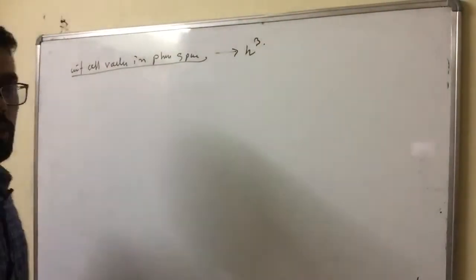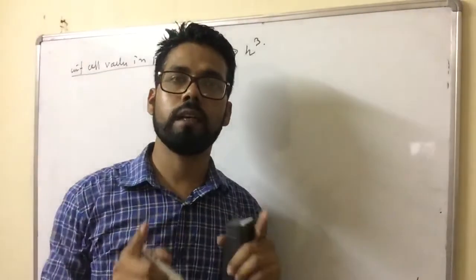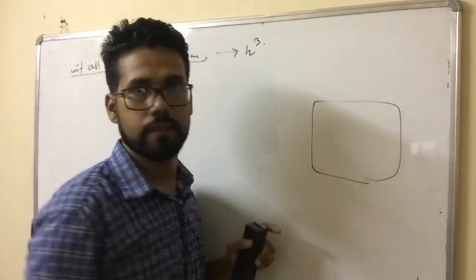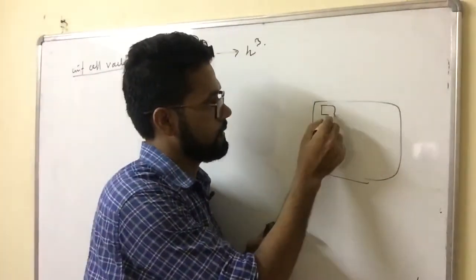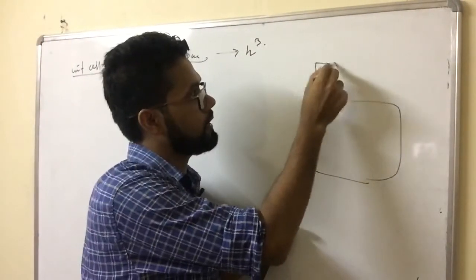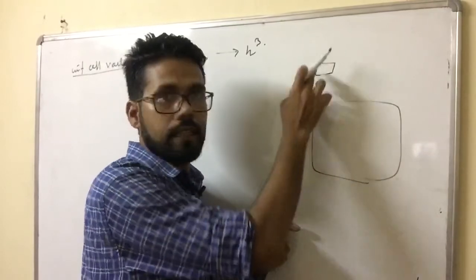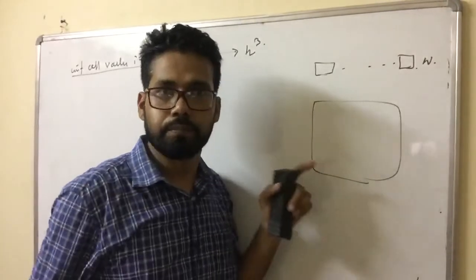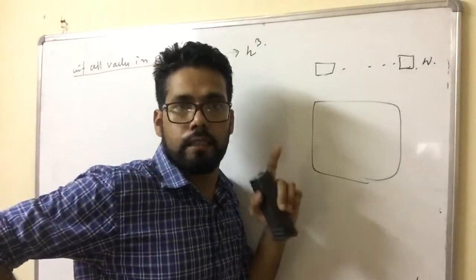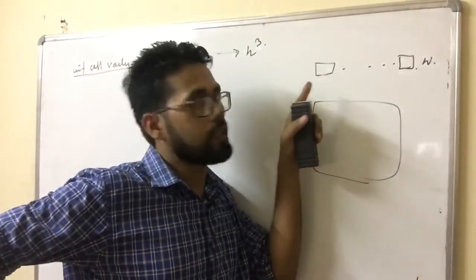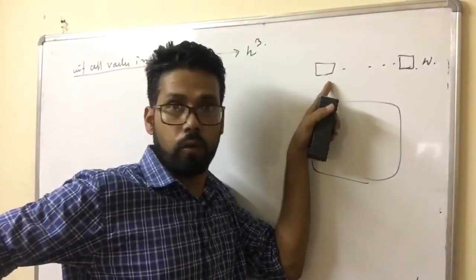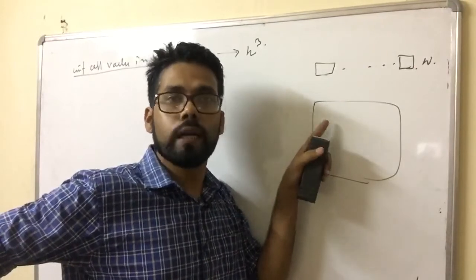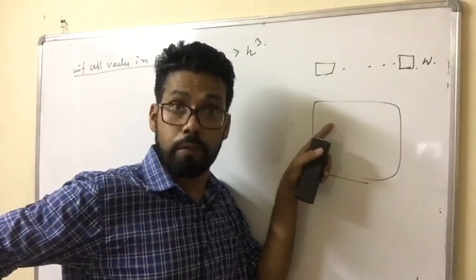Now why do I need the unit cell volume? Again I am giving an example. Suppose this is my room, and this is a chair, and there are n chairs. What information do I need to find out? First, the volume of a chair. Next, the volume of my room, or the free space available in my room.